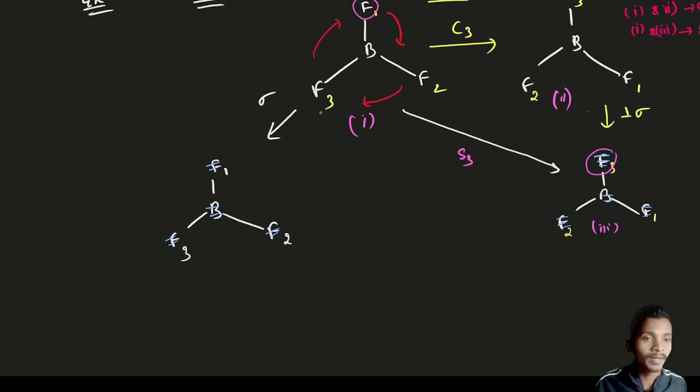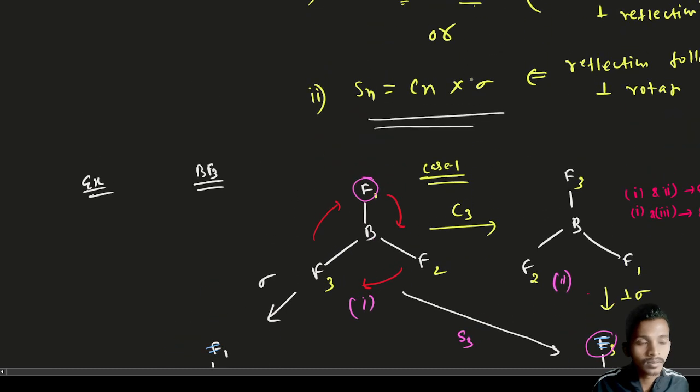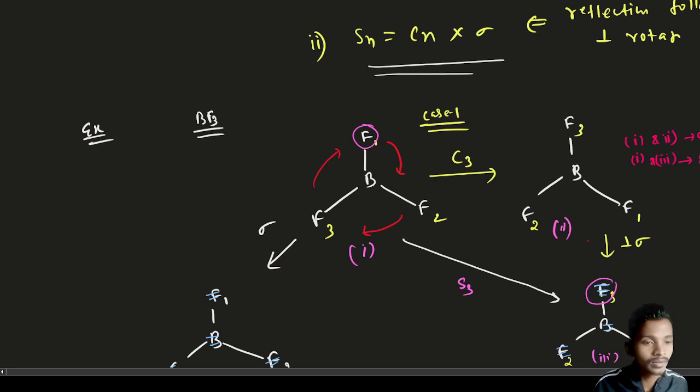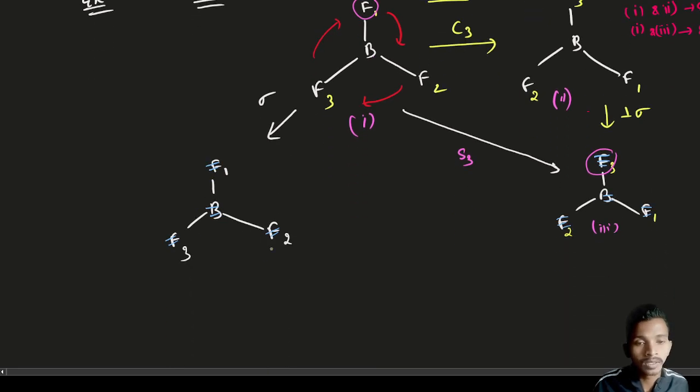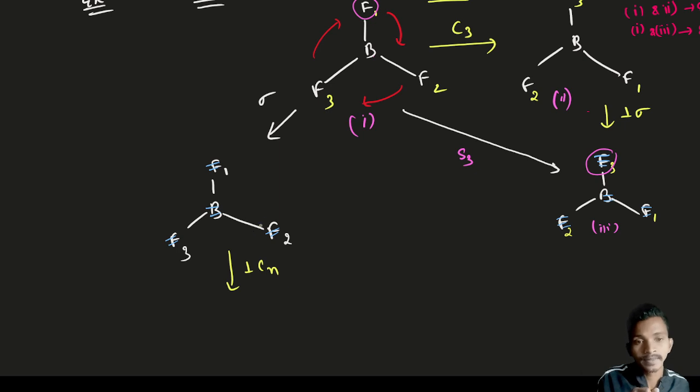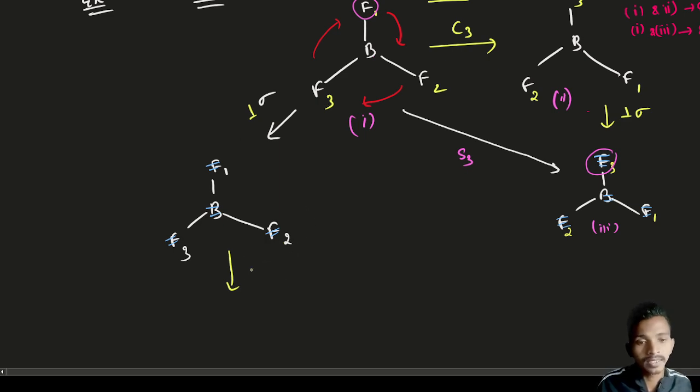Now I will apply reflections followed by perpendicular rotations. First I apply the perpendicular sigma, means the mirror, because the CN axis means the principal axis.